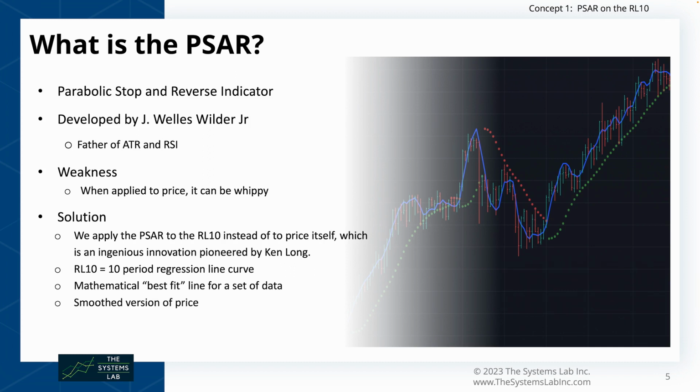The RL10 is essentially a smoothed version of price, and applying the PSAR to the RL10 means that there's less noise than applying the PSAR directly to price. So the effect of that is that the PSAR is less whippy. It flips less frequently in choppy markets, which is really an ingenious solution on Ken's part to the one weakness of the PSAR as it was created by Wells Wilder.